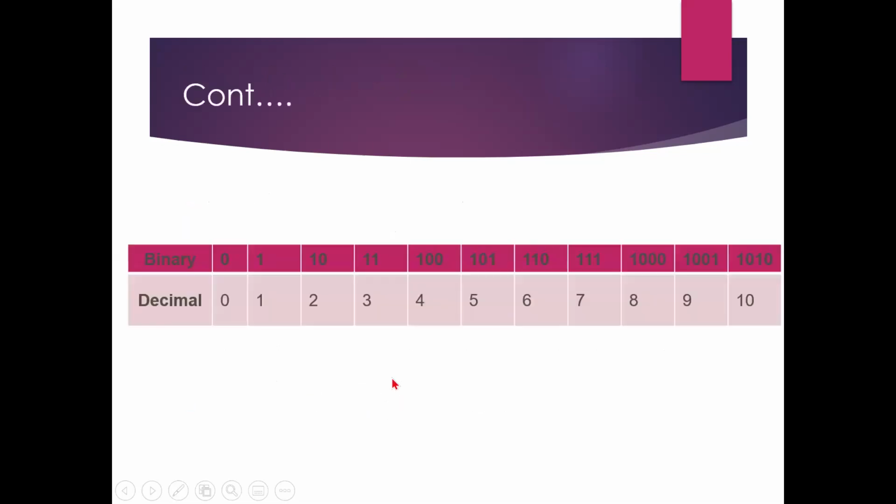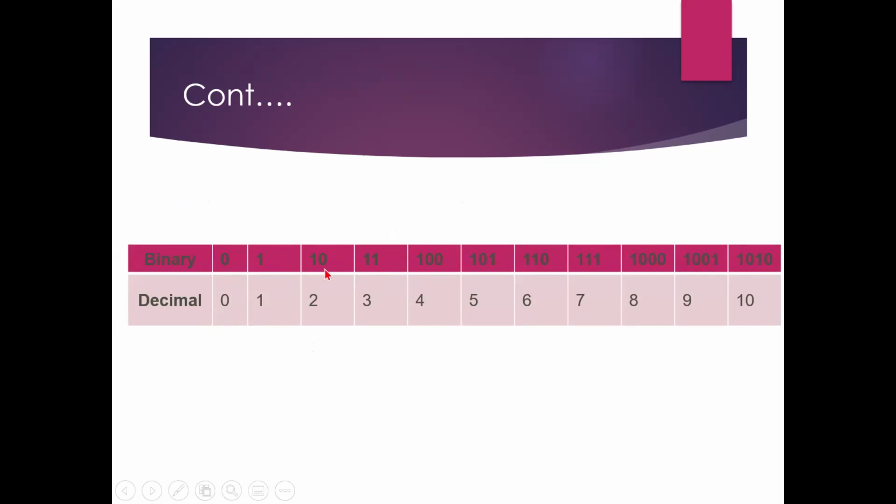To make it more clear, let's look at this table. Here it shows the numbers and how they are written in the binary number system. As we know, 0 is there to represent the least quantity. Then another symbol we have is 1. Then for the next higher value, you don't have 2 in the binary number system.